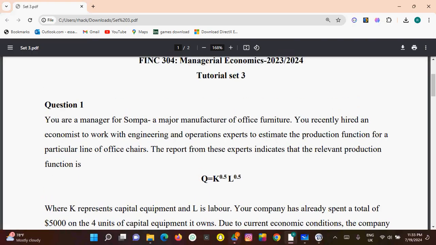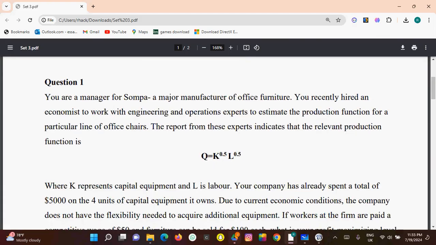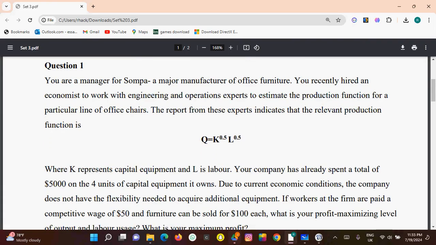So basically, question 1 says that you are a manager of Sompa, a major manufacturer of office furniture. You recently hired an economist to work with engineering and operations experts to estimate the production function for a particular line of office chairs.